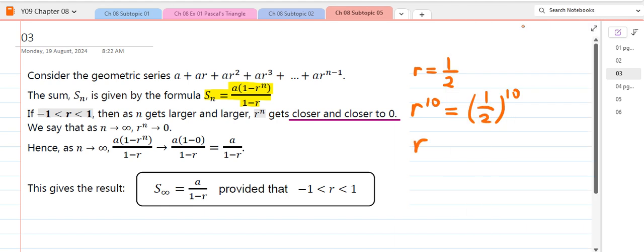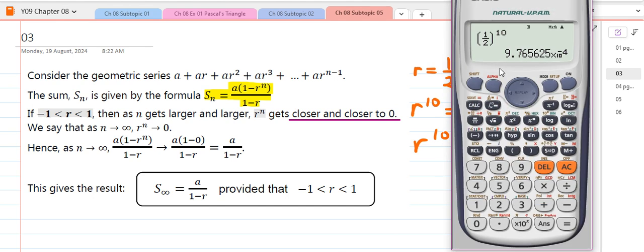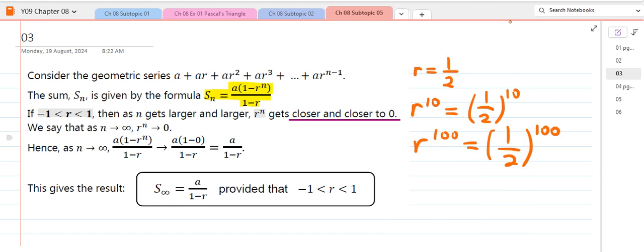If we increase the power, say r to the power of 100, you get something much smaller, which is 7 times 10 to the power of -31. There are a lot of zeros in front of the 7, which means it is approaching the number 0.